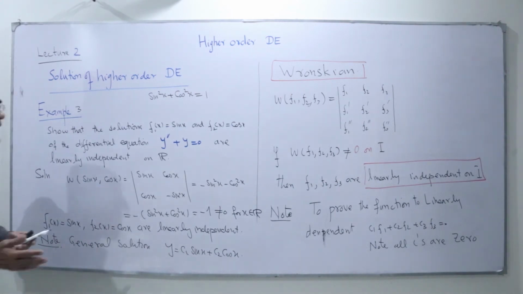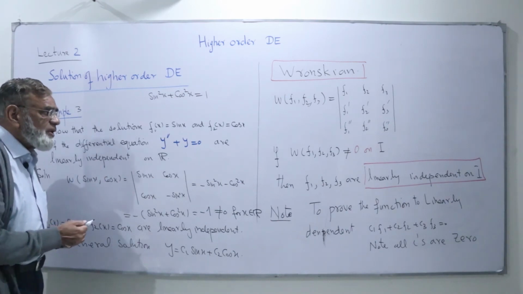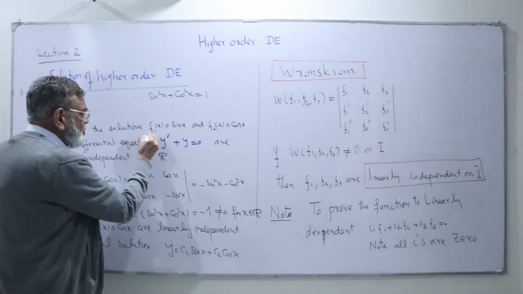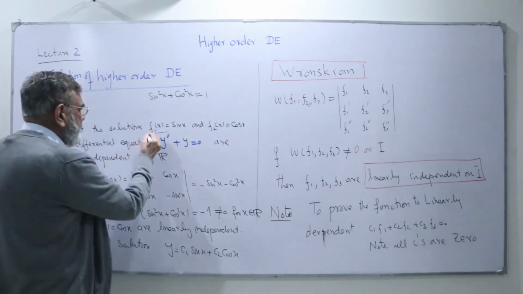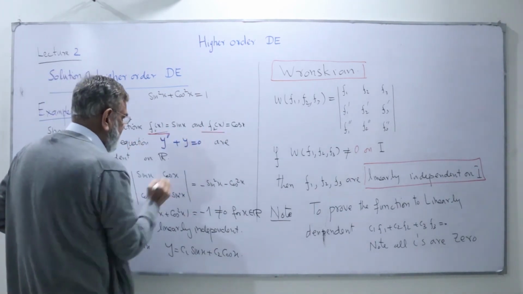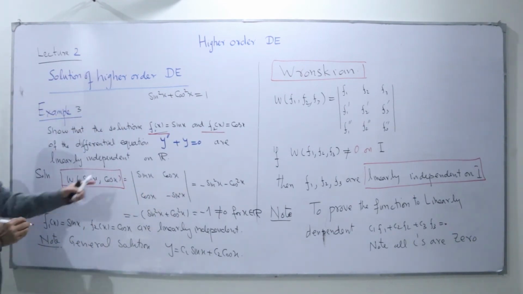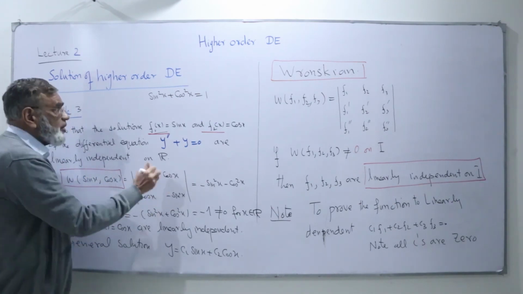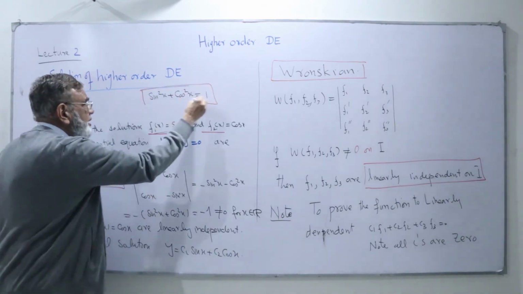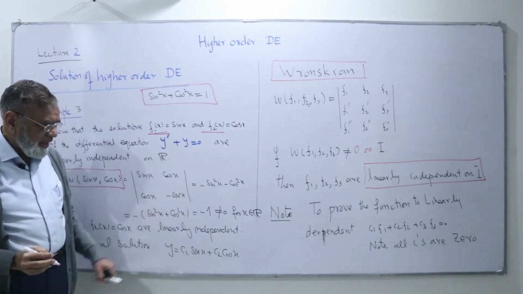Again, before going further, my equation was a second order differential equation. We were having two solutions, f1 and f2. We calculate our Wronskian for these, and this is our determinant f1, f2, f1 dash, f2 dash. Calculate, then we use the trigonometric identity sine square x plus cosine square x equal to 1.